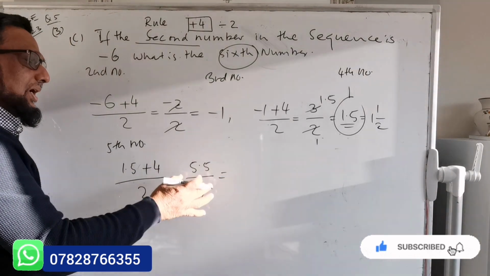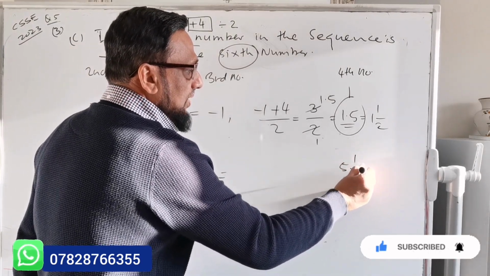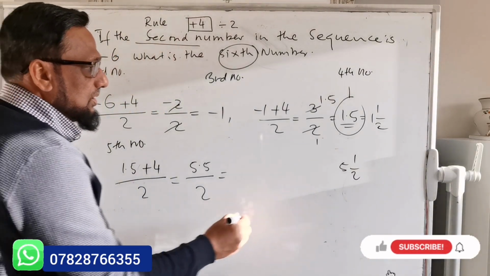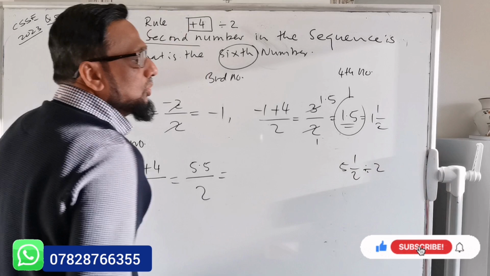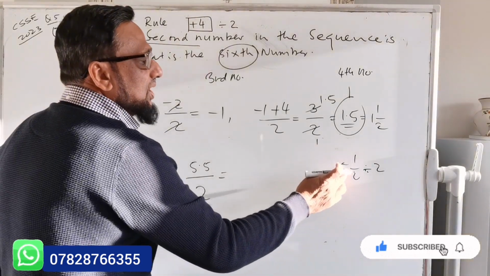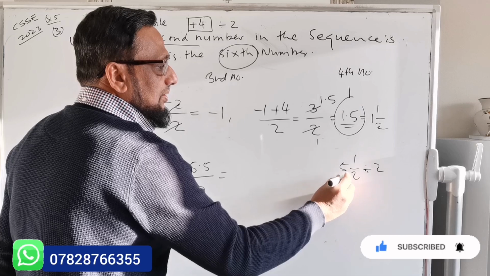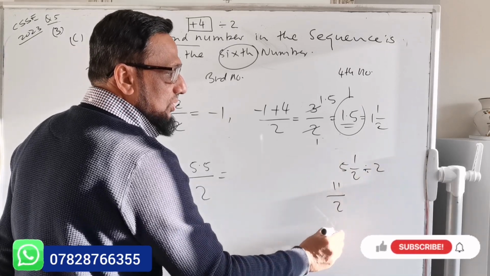To make your life easy, 5.5 is 11 over 2.